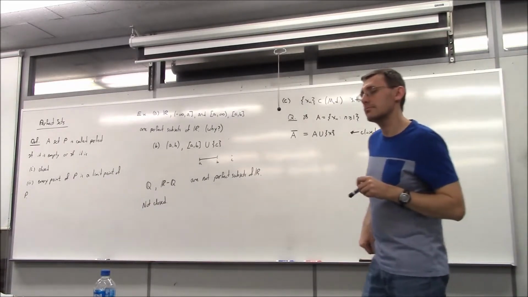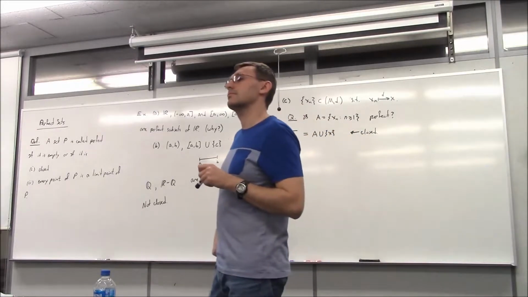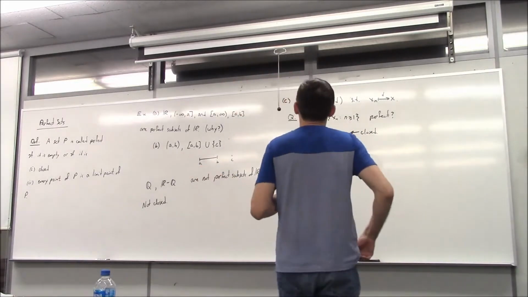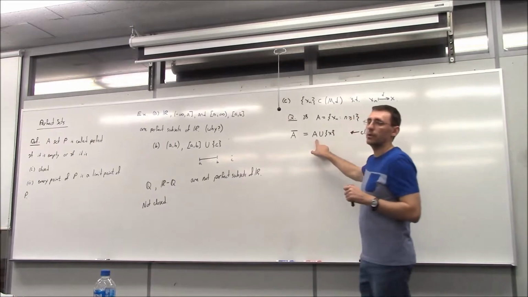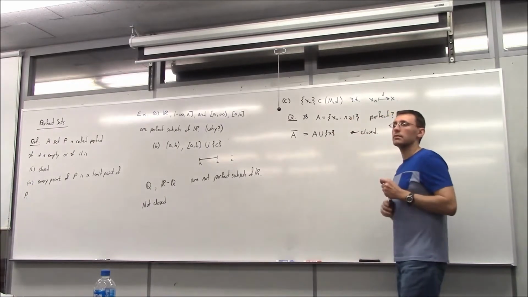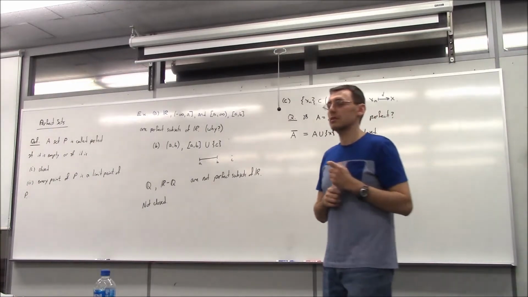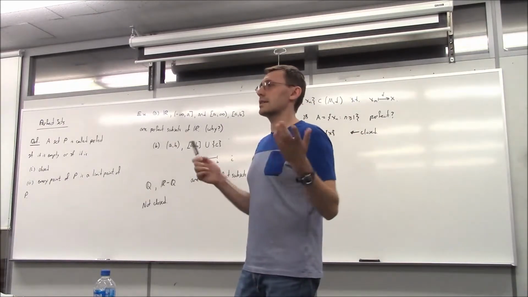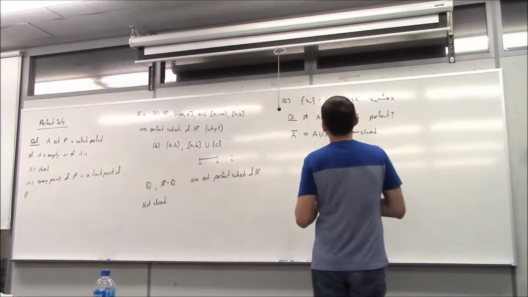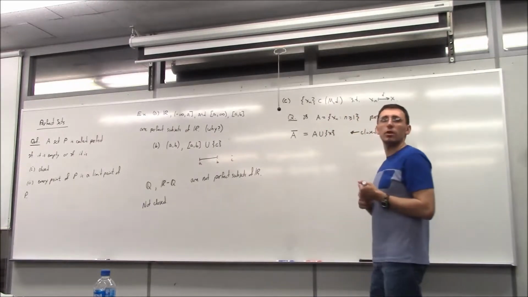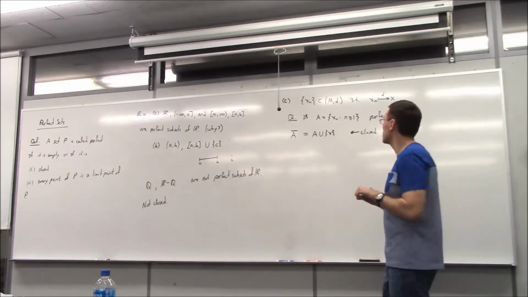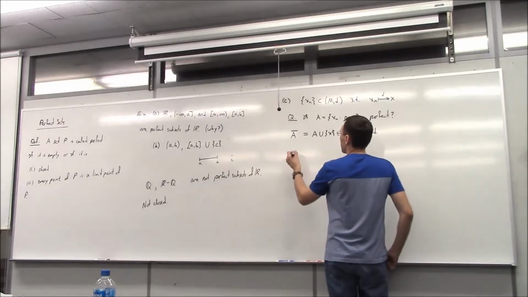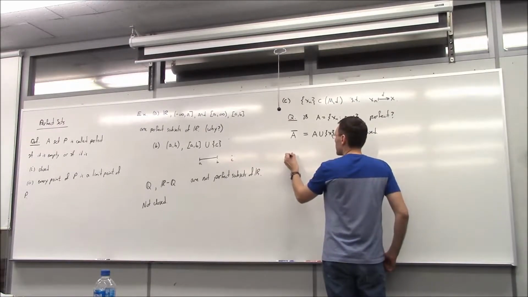Can it possibly contain other limit points? No, it cannot possibly contain other limit points. Think about it. The first x1 might not be a limit point because it might not have x2 right next to it. Right, exactly. That's very good. So regardless of the situation, it is closed but cannot be perfect.